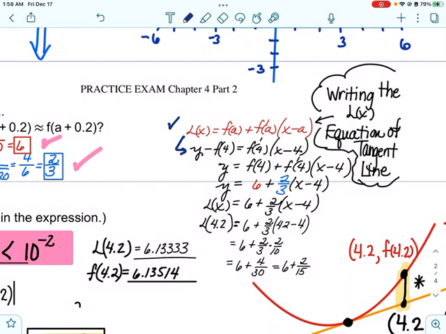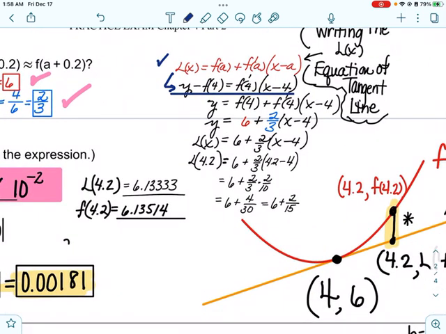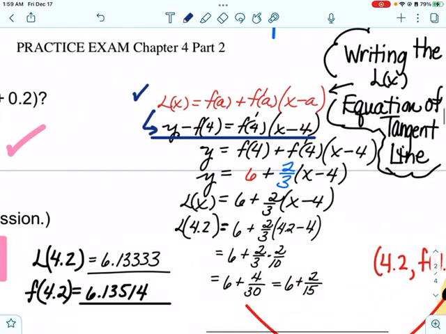If you look at it, here's what we did last week, where we were using the point 4, f of 4. And here, down here, looking at this, I know that it's going to be at the point 4, 6 when I figure out what that point is and plug in 4 into f of x. f of 4 is going to be 6, the square root of 36, or 6. So I've got y minus f of 4 is equal to f prime of 4 times the quantity x minus 4.